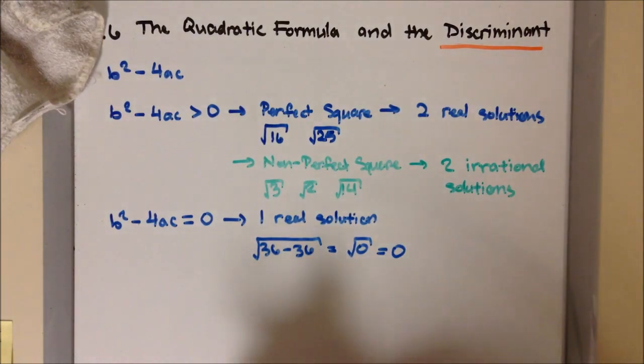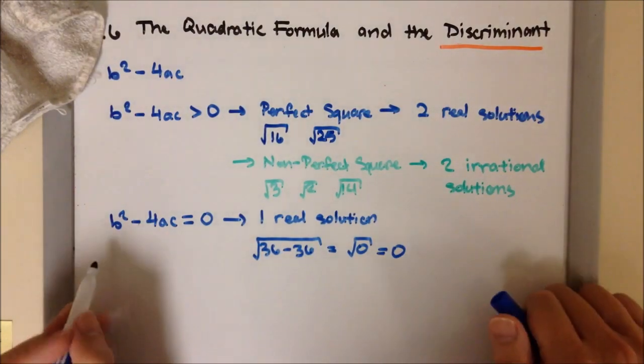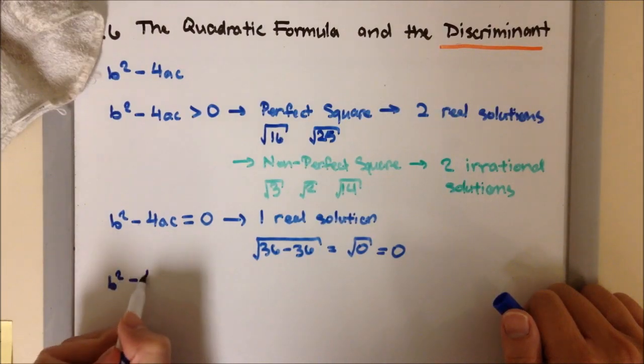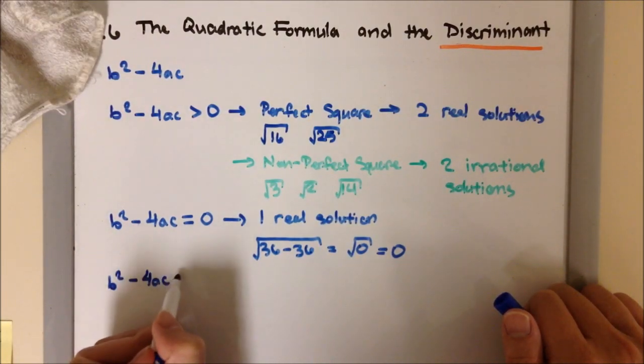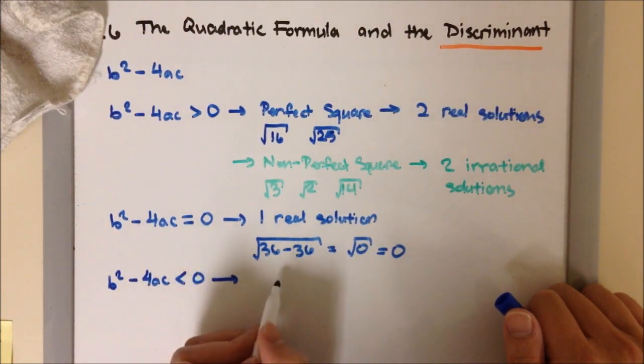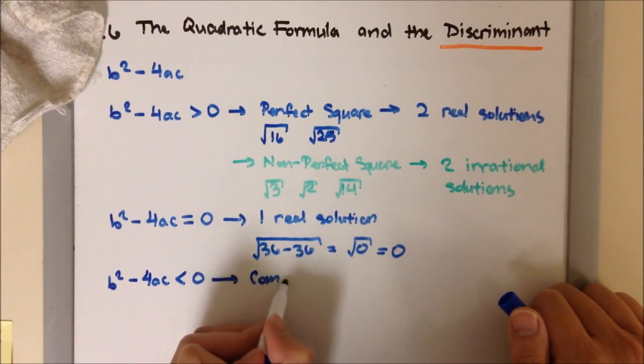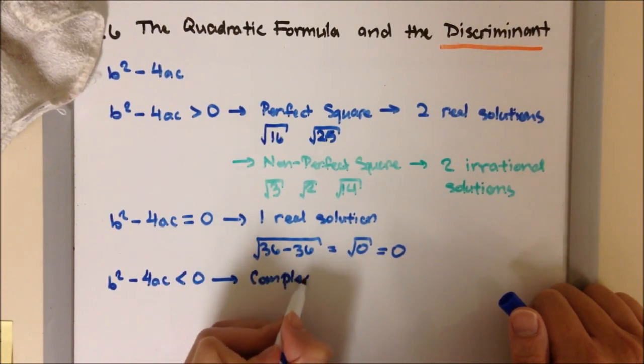That's all it is. Last, we're going to work with when b squared minus 4ac is less than 0, meaning you're going to have complex numbers.